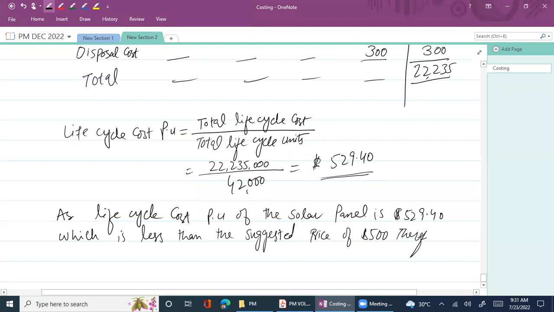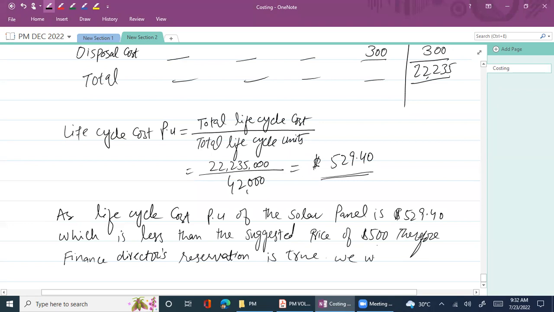Therefore, finance director reservation is true.